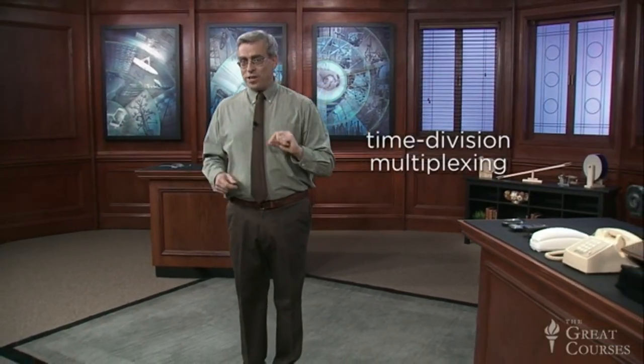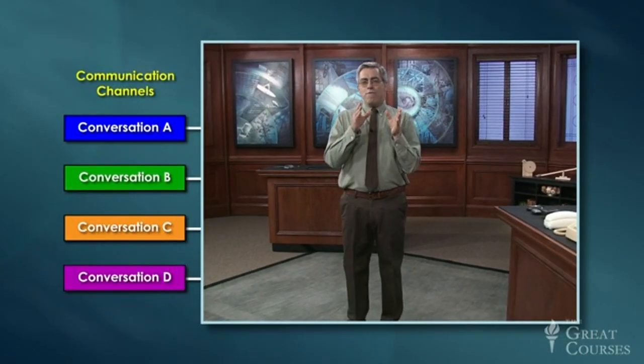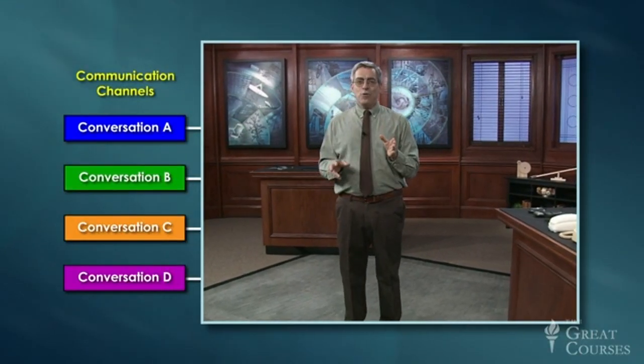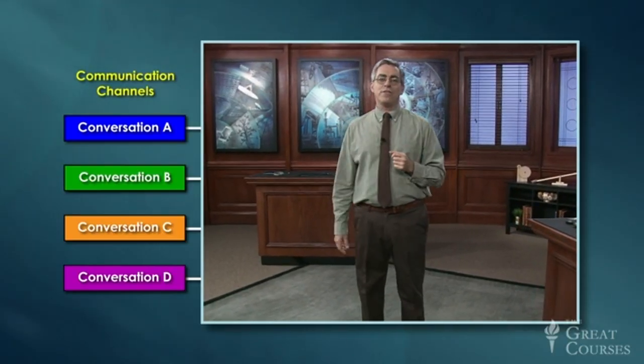The second major reason for the analog to digital conversion of the PSTN is that digital communications are well suited to a fundamentally different and more powerful type of multiplexing called time division multiplexing. To illustrate how this system works, let's assume that 4 phone conversations, which we'll label A, B, C, and D, will be multiplexed together.